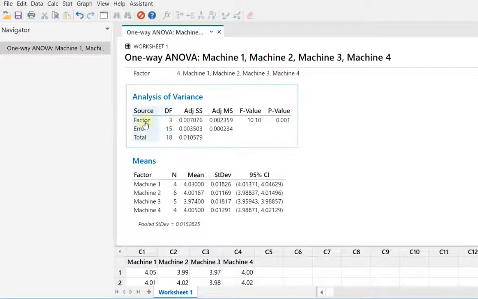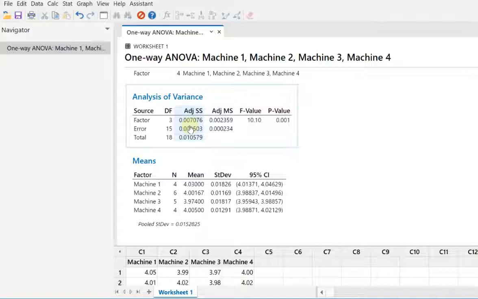So there are 4 levels of the factor. 4 minus 1 is 3. To get the 15, you subtract 3 from 18. You see how that's done? These 2 numbers should add up to the bottom number. Your sums of squares are additive also. However, this was calculated using that arcane formula.